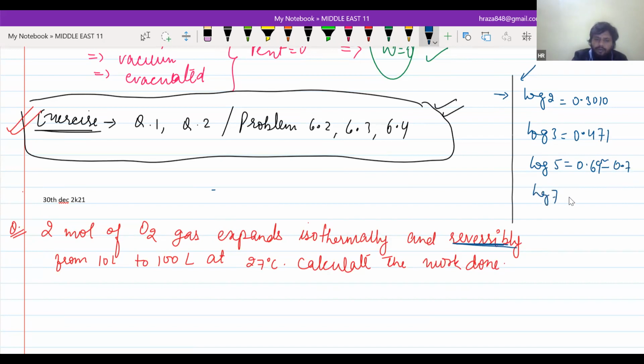Log 7 is equal to 0.845. Log 10 equals 1, log 100 equals 2, and whenever the zeros increase, the value will also increase.